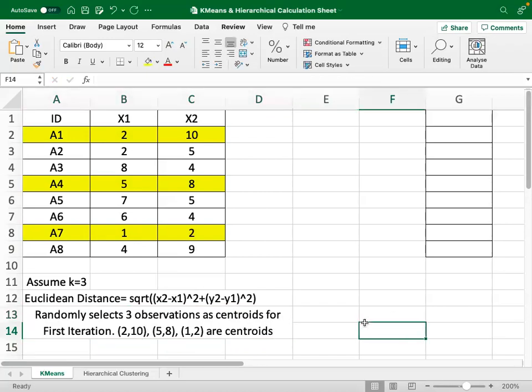These are the centroids. It is a random selection, completely random.